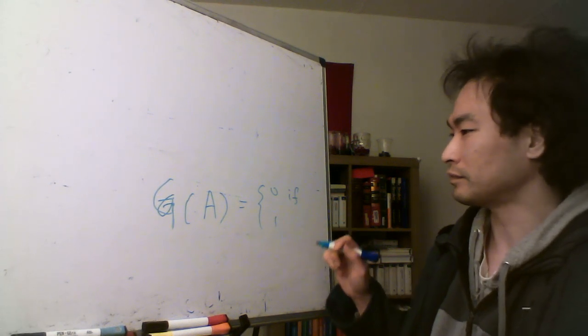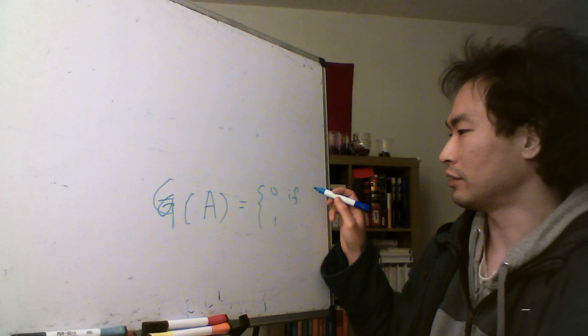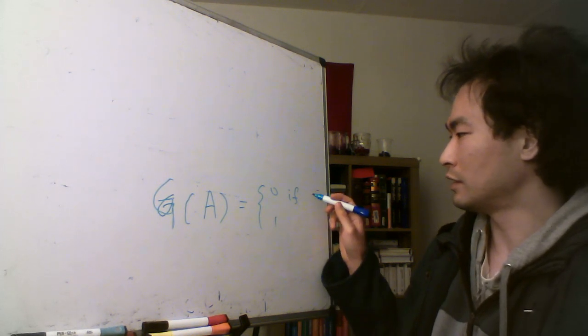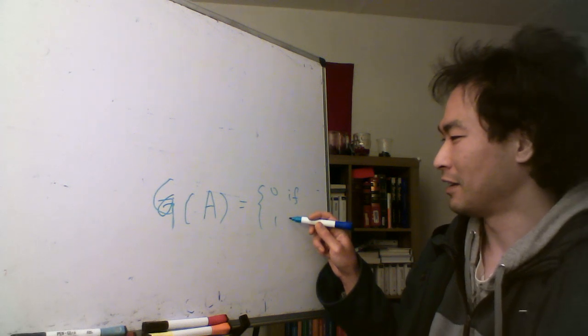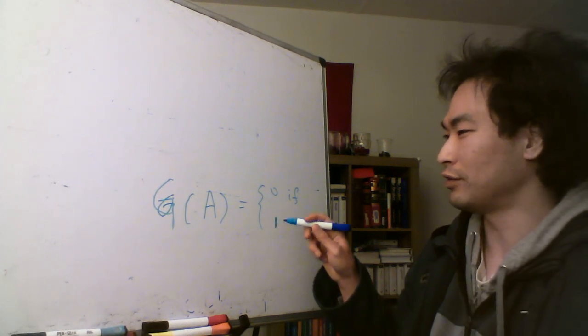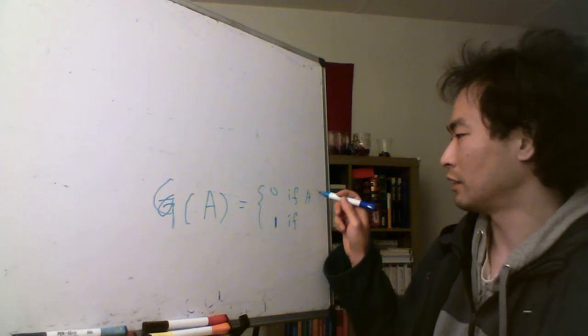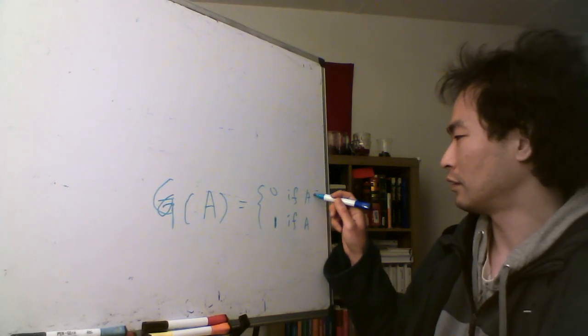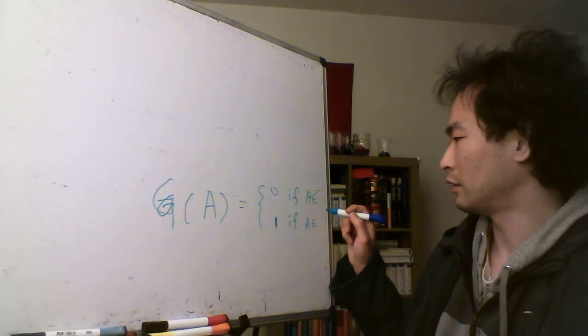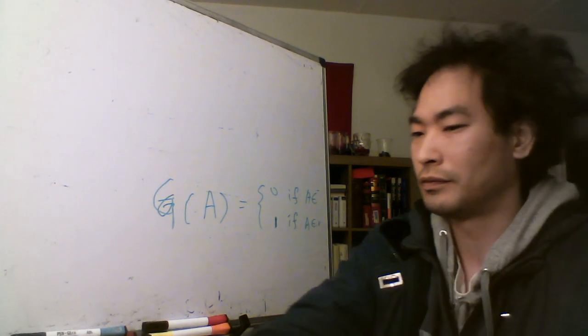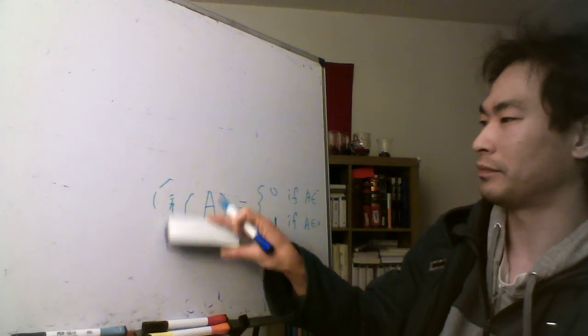If this action is bad, output is 0; if this action is good, output is 1. It's a Boolean function.